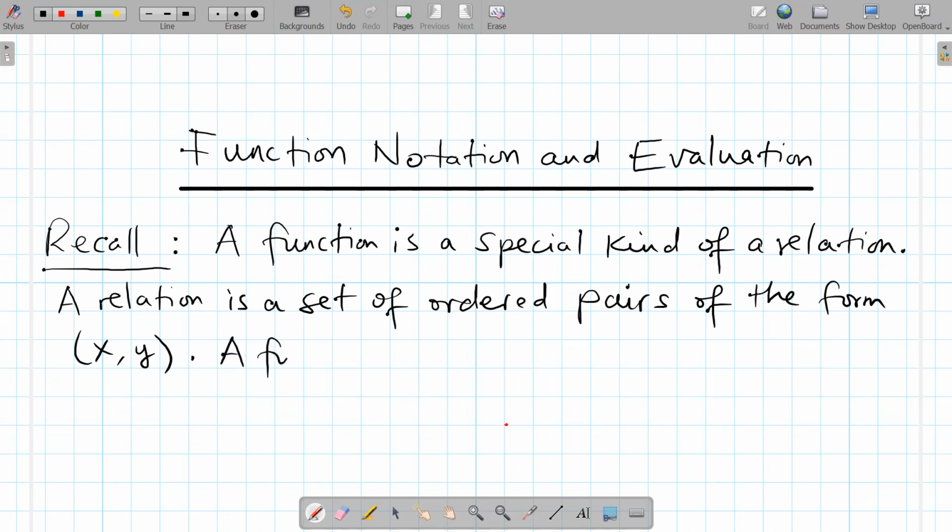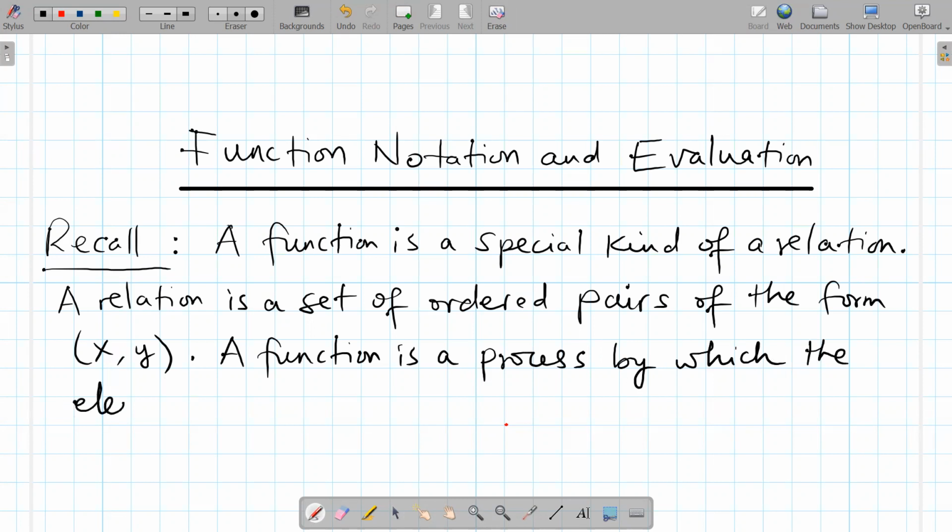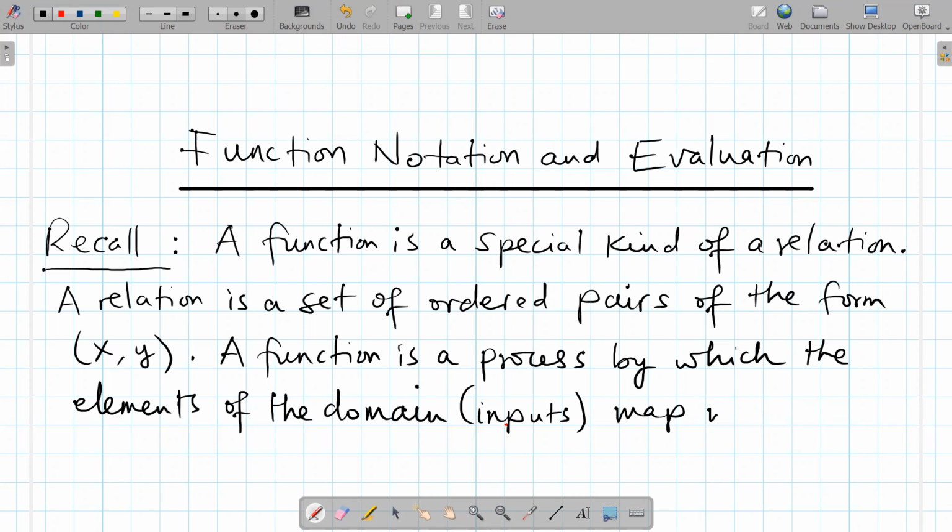So a function is a process by which the elements of the domain, remember we're talking about the inputs, map with elements of the range, which we call the outputs.